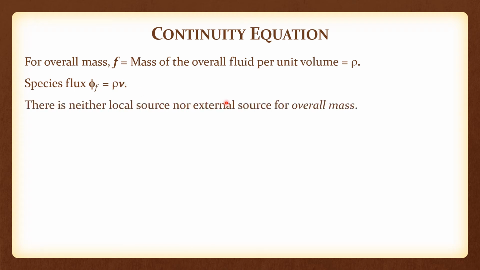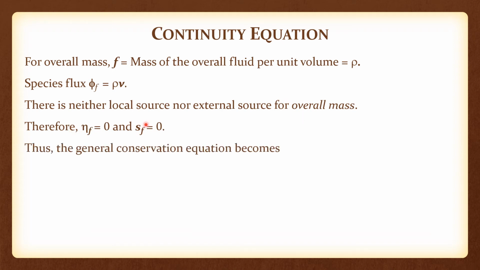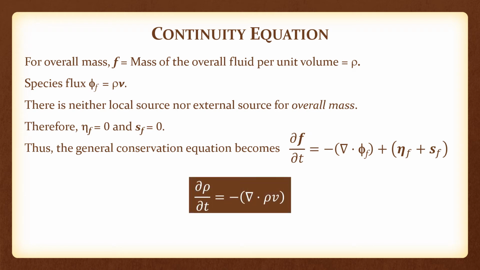There is neither local source nor external source for overall mass, so eta f is 0, sf is 0. So the general conservation equation becomes, the last two terms are going to go to 0. This is going to be del dot rho v, and f is going to be rho. So that is your conservation equation. This is your continuity.